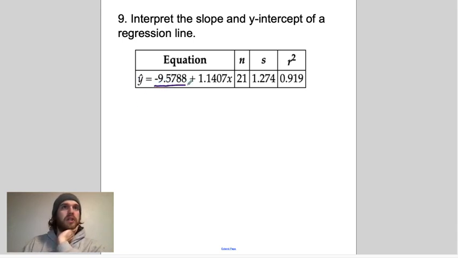Okay, let's go ahead and do the y-intercept first. So this is our y-intercept. And the y-intercept, remember, is when x equals 0. When x equals 0, x, remember, is our height.